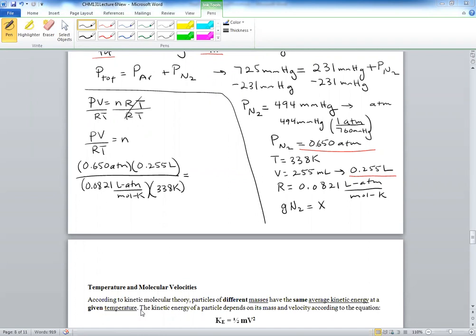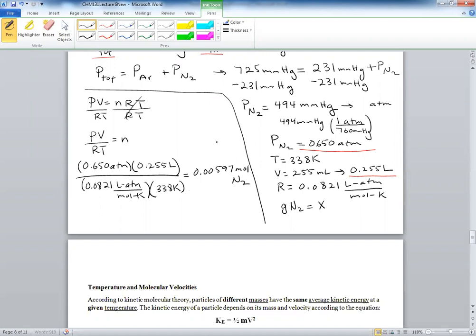Okay, and if we do that calculation, we need three significant figures, we get 0.00597 moles of N2.